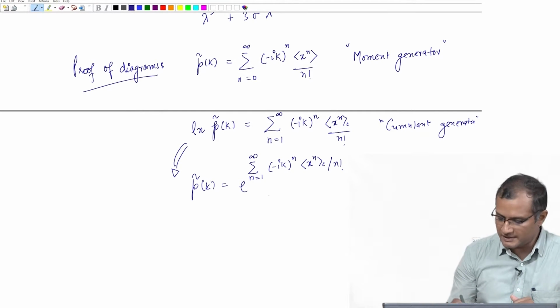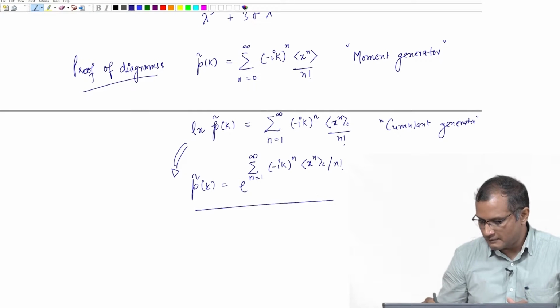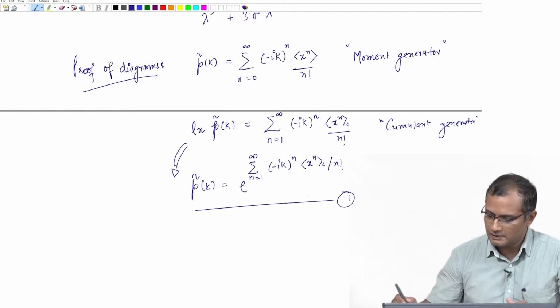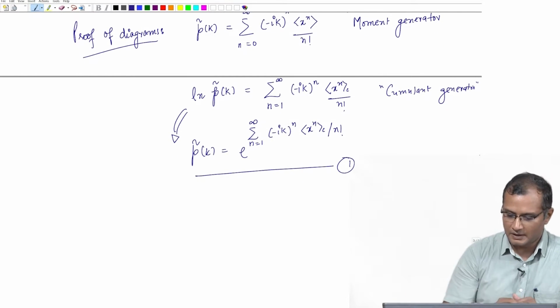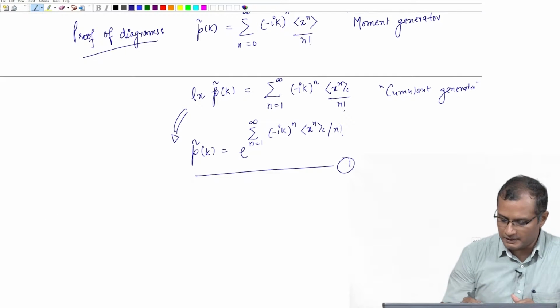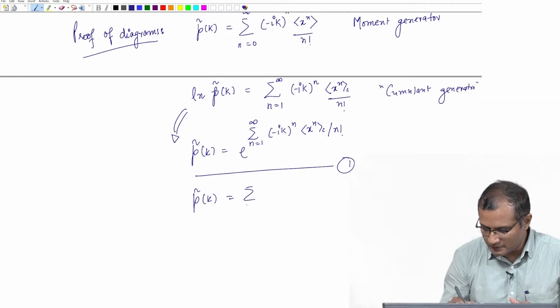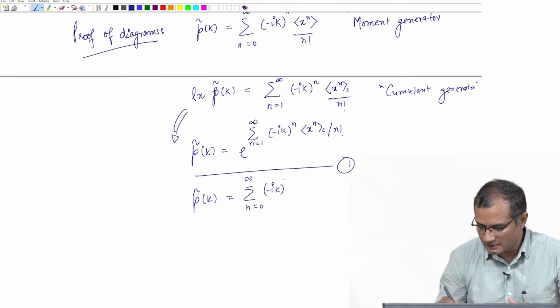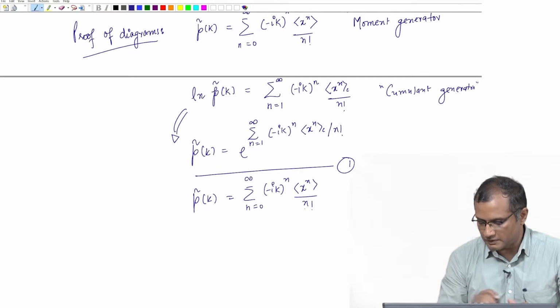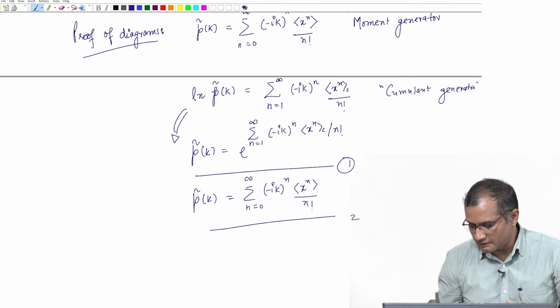I will call this the first equation. And I already have P of k, which is given as n going from 0 to infinity, (minus i k) to the power n, x to the power n over n factorial. I will call this the second equation.